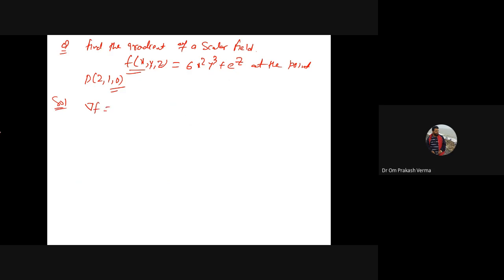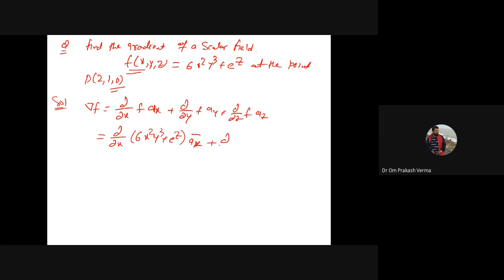The gradient of this scalar field, you can write as del f by del x ax plus del f by del y ay plus del f by del z az. So del by del x of f, what is f? f is nothing but 6x square y z cube plus e to the power z, ax, plus del by del y of the same function, ay, plus del by del z of 6x square y z cube plus e to the power z, az.